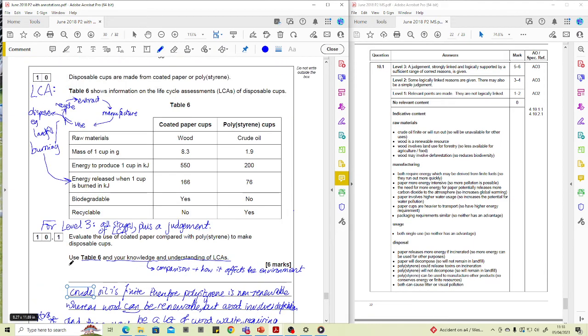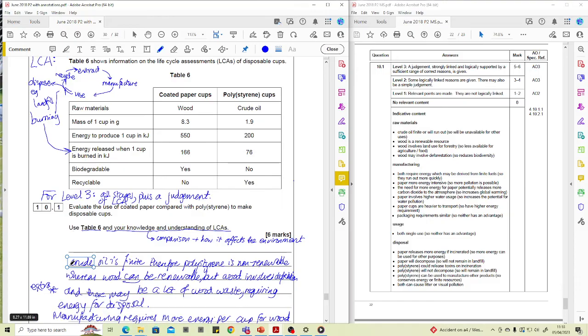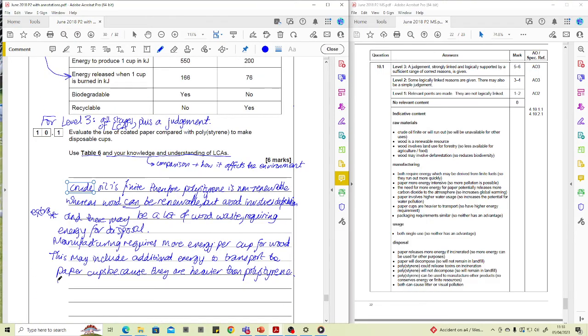Okay, where are we in the life cycle? So we're using it. Okay, so we can say in use they're both single use. So neither has an advantage.